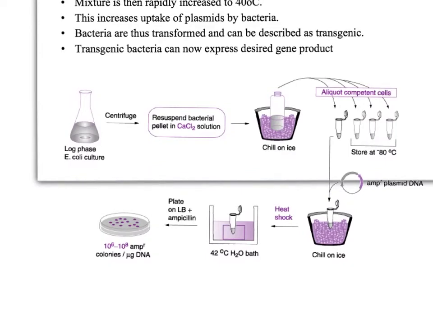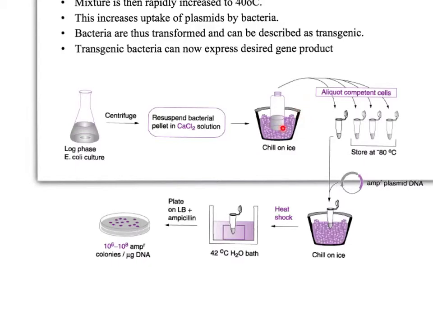As I've got here, we've got some E. coli, and what we do is add some calcium chloride solution. Don't worry too much about the calcium chloride solution, but the key thing here is we rapidly chill these.